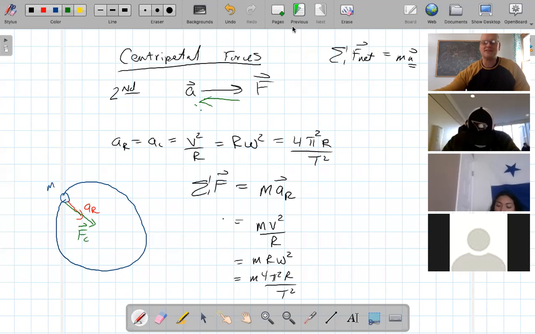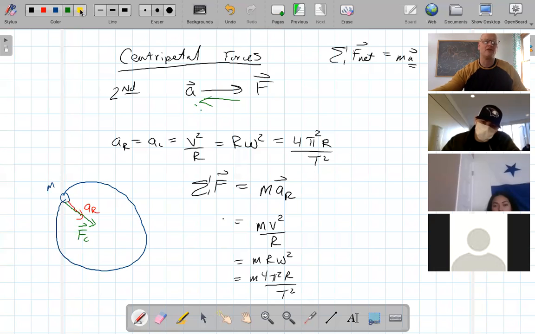Now, things to note about centripetal forces. There is no such thing as centripetal force by itself. We talked about this at the end of yesterday. What this means is there is no fictitious force called the centripetal force that's going to cause you to spin around for no apparent reason. There has to be a real physical force that acts as the centripetal force. For example, if this was my keys swinging around the center here, you wouldn't say this one has a centripetal force towards the center and simultaneously a tension force pushing it outward.